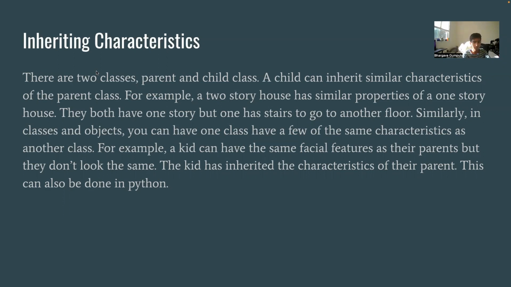They both have one story, but one has stairs and goes to another floor. Similarly, in classes and objects, you can have one class with a few of the same characteristics as another class. For example, a kid can have the same facial features as their parents, but they don't look exactly the same. The kid has inherited these characteristics from their parent. This can also be done in Python.